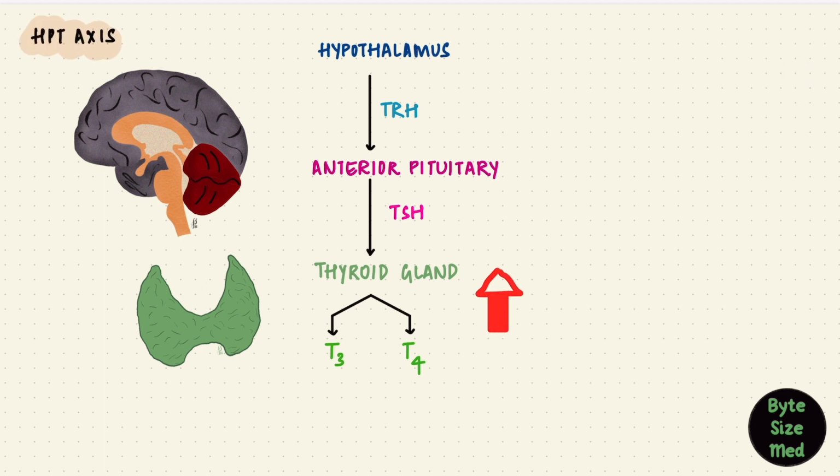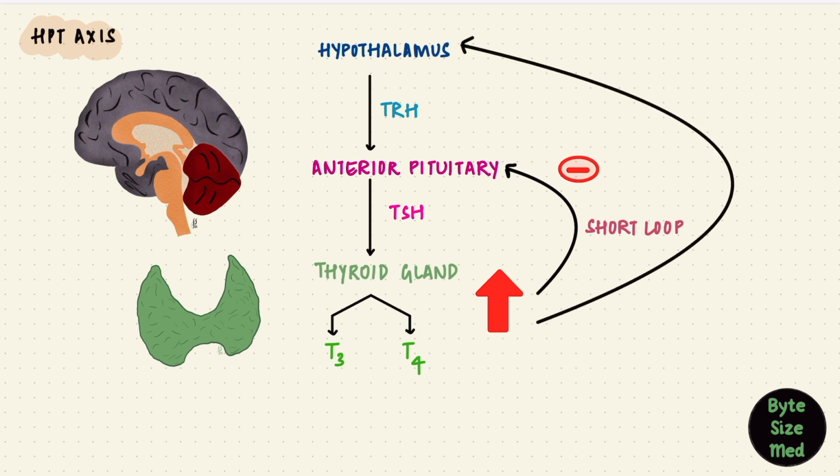When there's too much T3 and T4, there's negative feedback on the anterior pituitary. That's the short loop. There's also negative feedback on the hypothalamus. That's the long loop. Now, these structures know that the thyroid hormones are high. So what will they do? Reduce their hormones. So TRH and TSH come down.